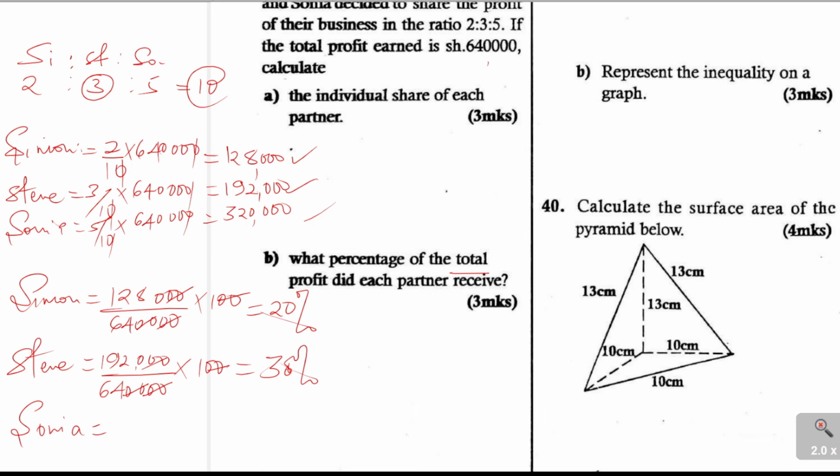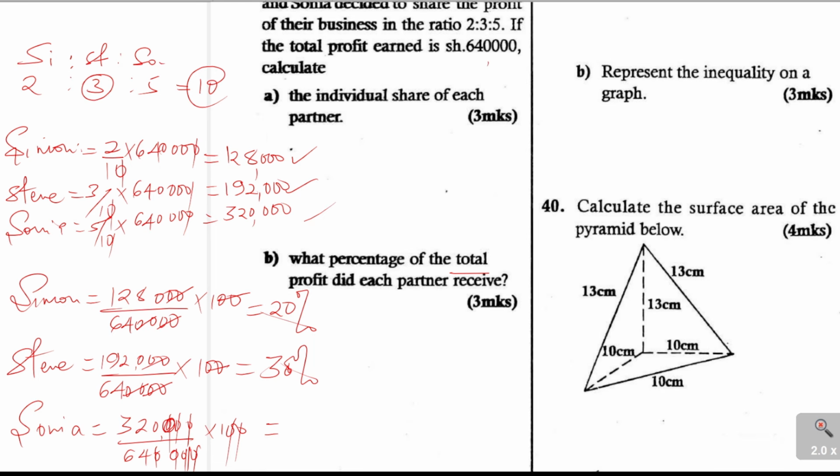So Sonia got a profit of 320,000 divided by the total amount shared, 640,000, multiplied by 100 to convert this to percentage. So those two zeros and these two zeros cancel, and we have 200.